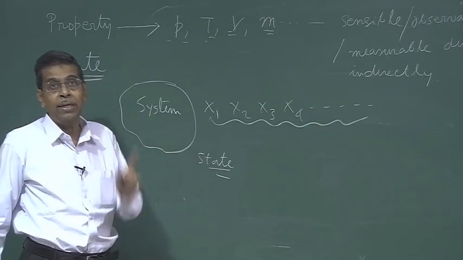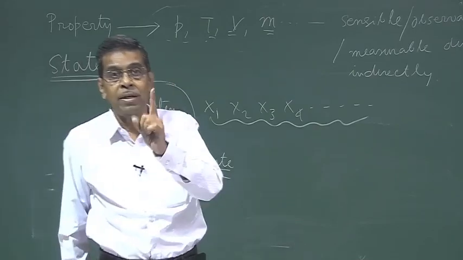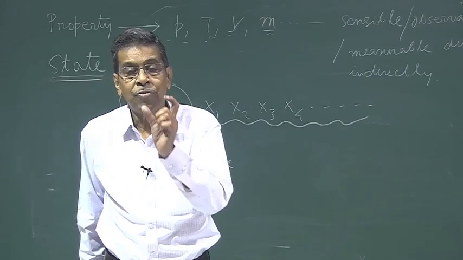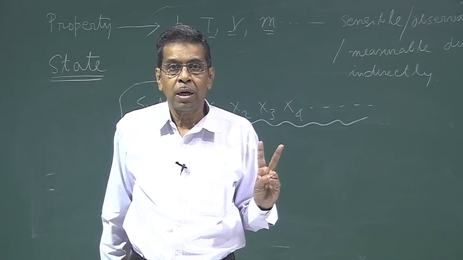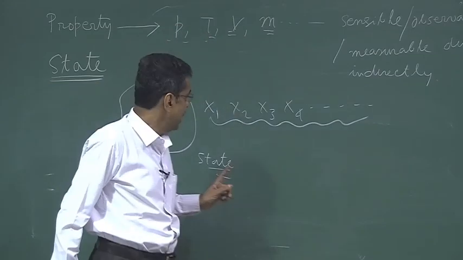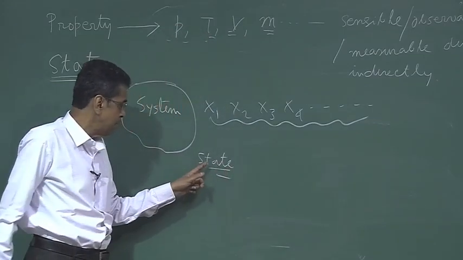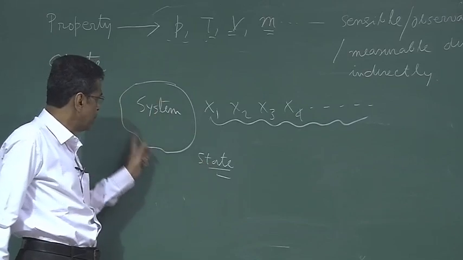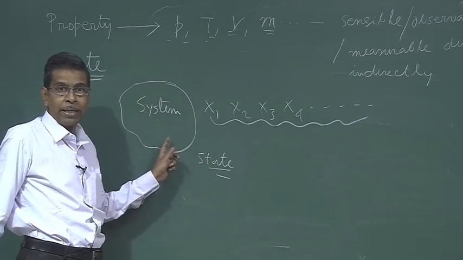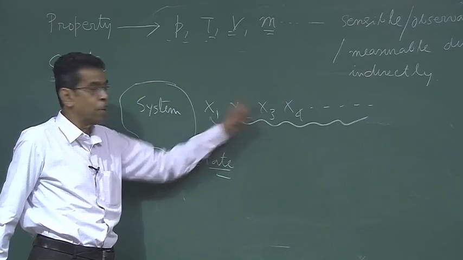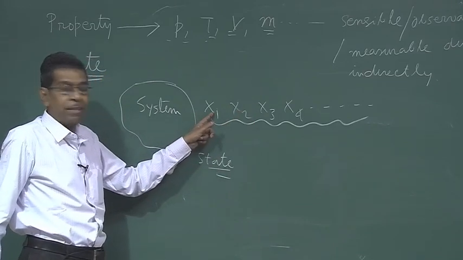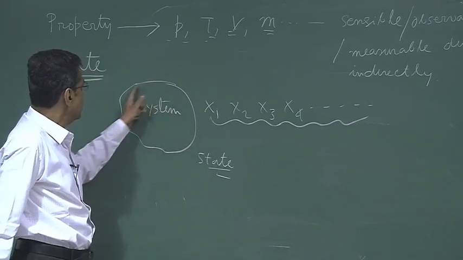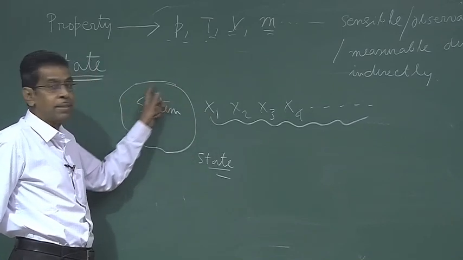The system will be at a given state when it is specified by fixed values of properties. But here two very important concepts come into the picture. When you define a state of a system with a definite quantity of matter with fixed values of properties, the property x1 should be the same throughout the system.